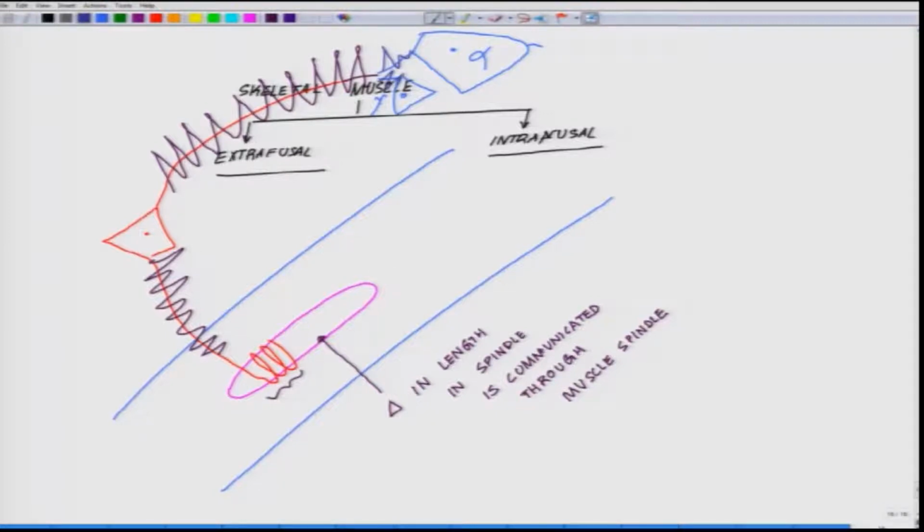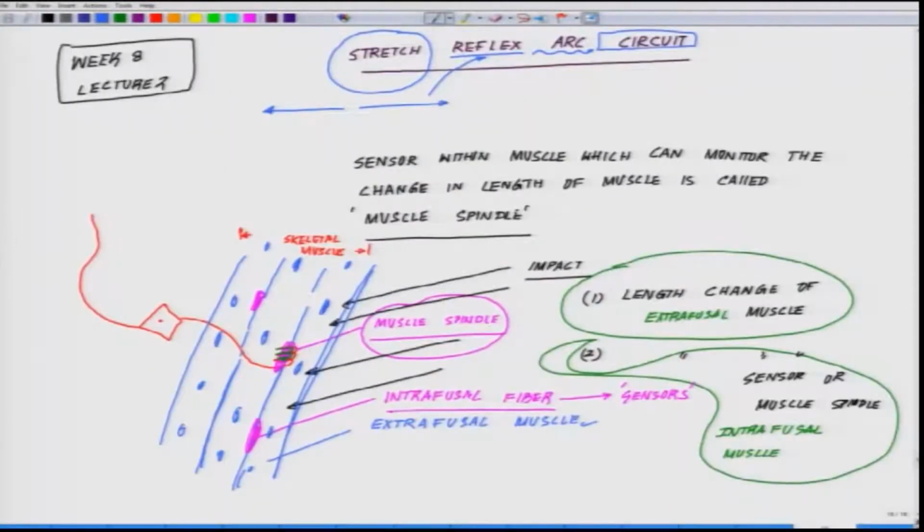The signal comes here and splits, synapsing onto two different motor neurons. This gamma motor neuron brings the signal back to the muscle spindle, whereas alpha brings the signal to the muscle itself. I told you there are changes in length at two different levels: the first in the extrafusal muscle, the second in the intrafusal muscle, which is the sensor.